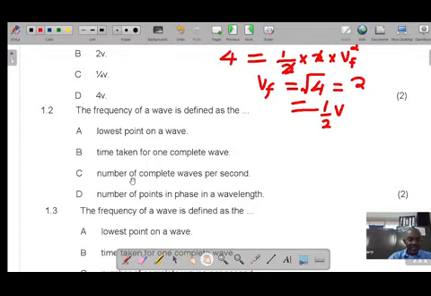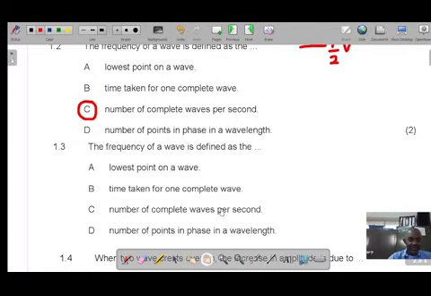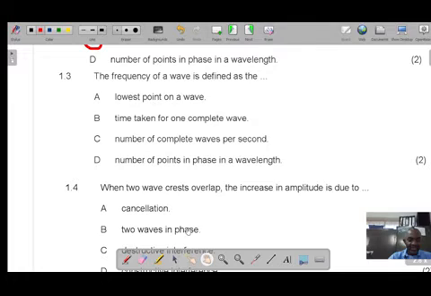So the answer here is C, the number of complete waves per second. Now in this paper 1.3 is the same as 1.4, so it is still the same answer here. I don't have to waste your time. The same answer here.